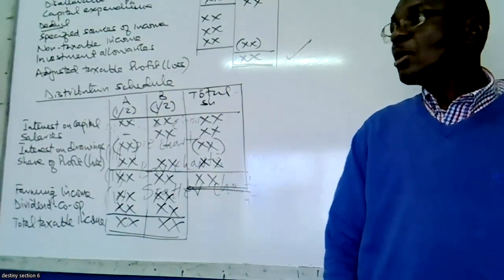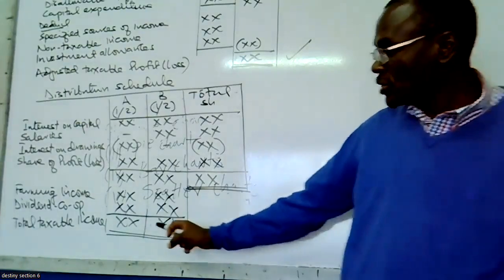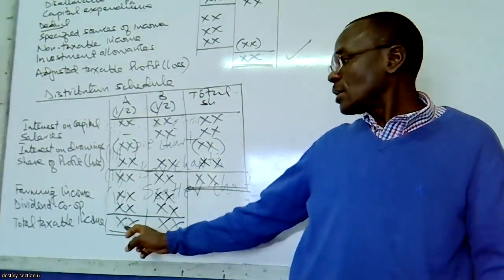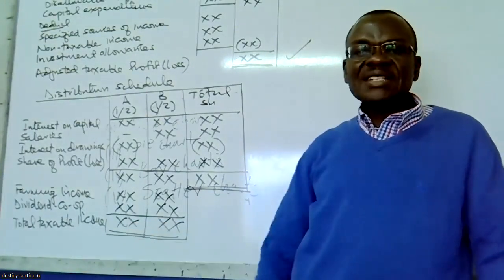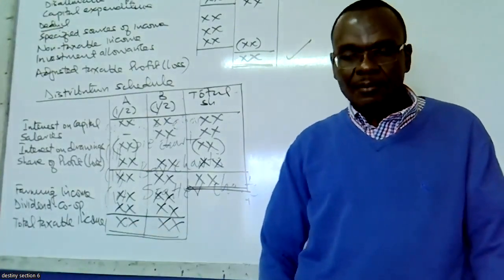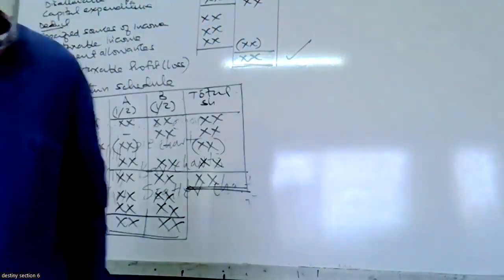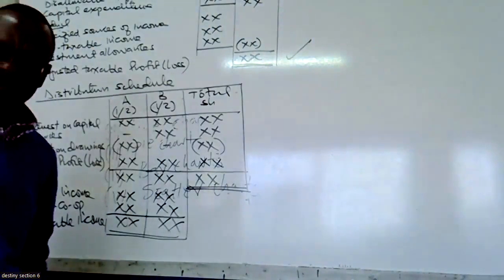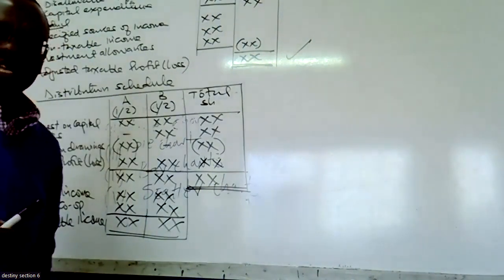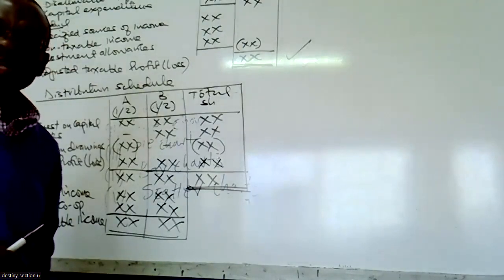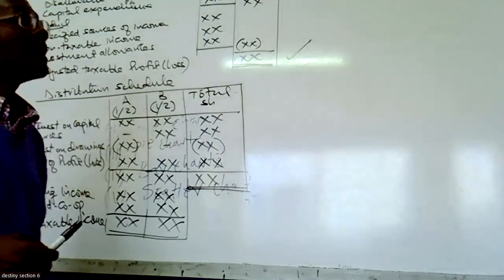So the partners will pay tax using the individual graduated scale rates based on the total taxable income. So in this class, we did mention we will introduce admission of a partner and retirement and how we are going to deal with admission and retirement.